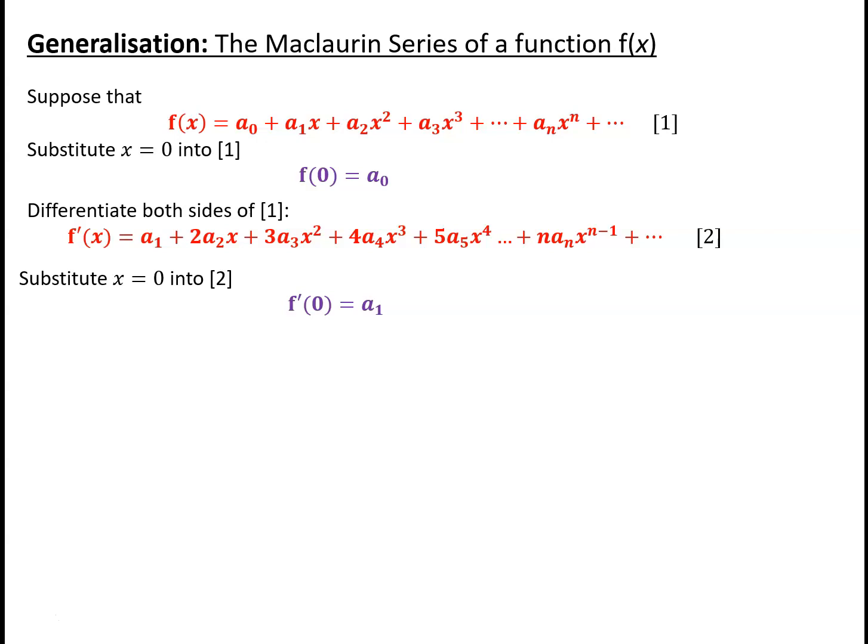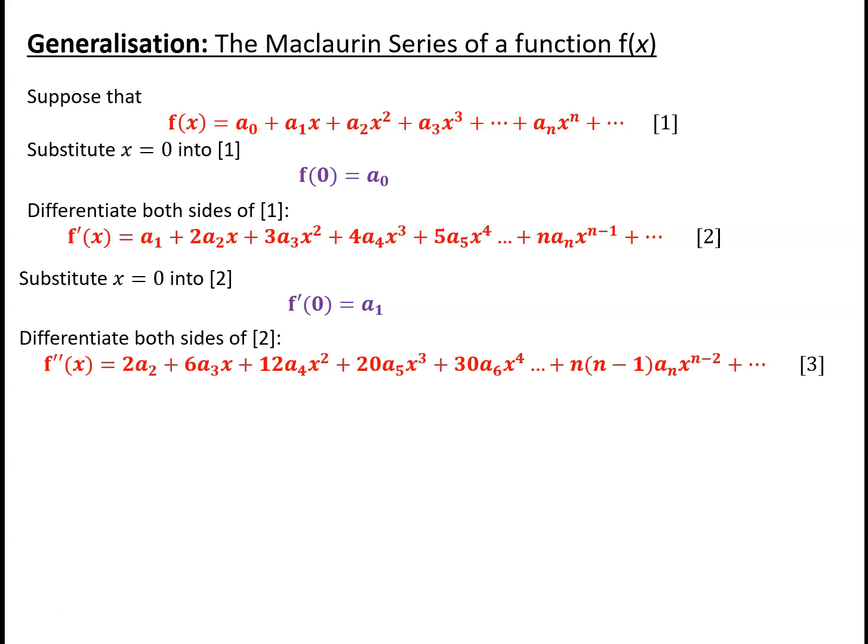If we now differentiate both sides of equation 2, we're going to get f double dash x, or the second derivative of f, is 2a2 plus 6a3x plus 12a4x squared, etc. Putting x equals 0 gives me f double dash 0, or the second derivative of f at 0, is 2a2. In other words, a2 is 1/2 of f double dash 0.